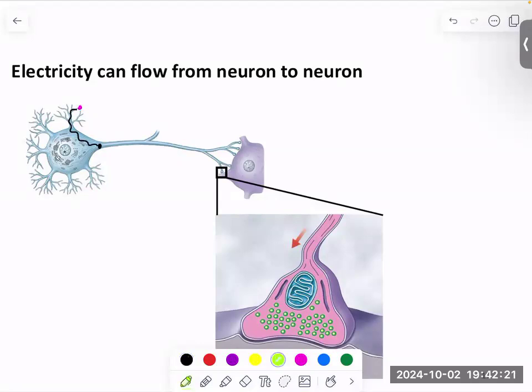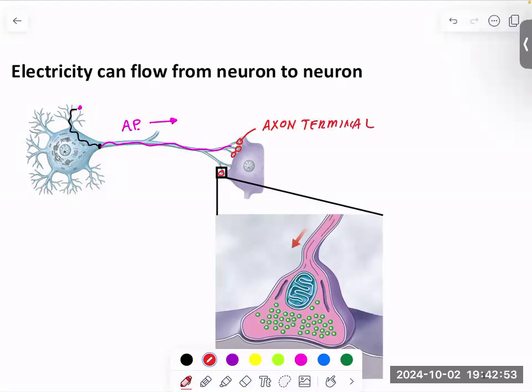Once it reaches there, that means there's going to be a rapid action potential sent through the axon, in one direction. When it reaches the very end, that is the axon terminal, the very end of the axon.